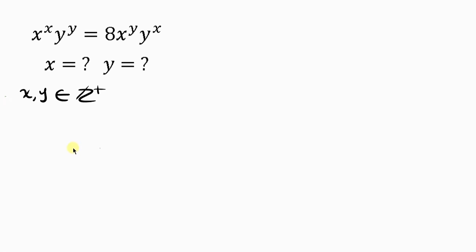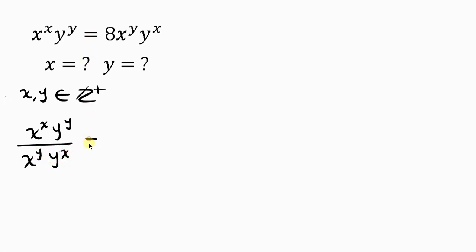So what do we do first? Well, our first step will be for us to divide both sides by x to the y times y to the x. So for the left-hand side, we have x to the x times y to the y. Now divide by, remember, we're dividing both sides by this, so x to the y times y to the x.